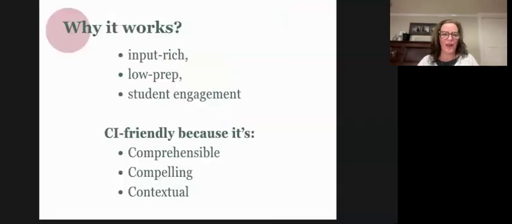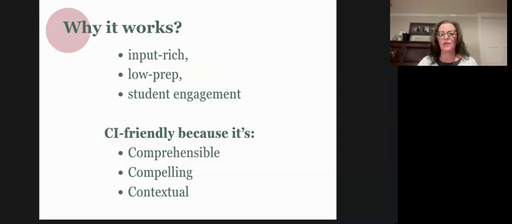So why it works. Picture Talk is one of my all-time favorite low prep CI strategies. Basically, you show one interesting image, and from that, you generate lots of compelling, comprehensible input by asking personalized questions and asking opinions, comparing and contrasting.